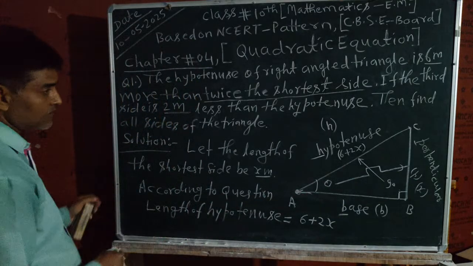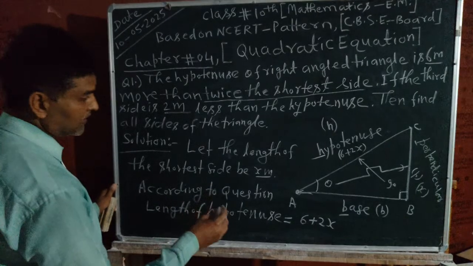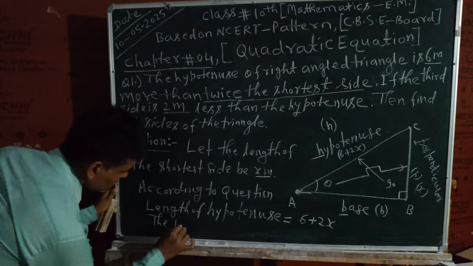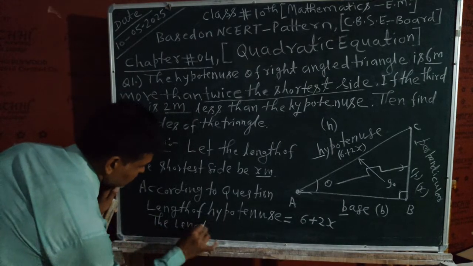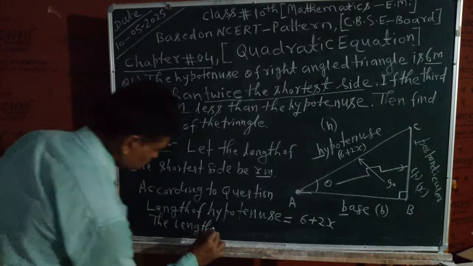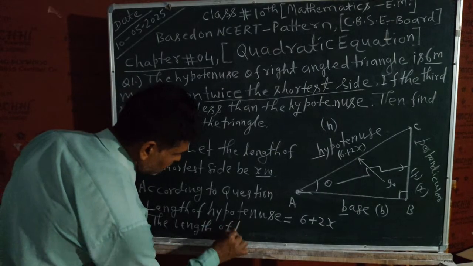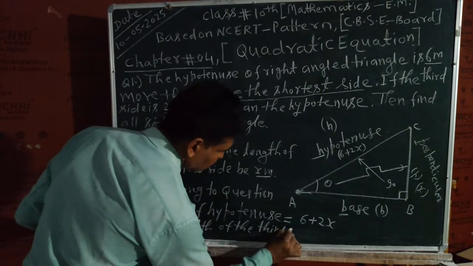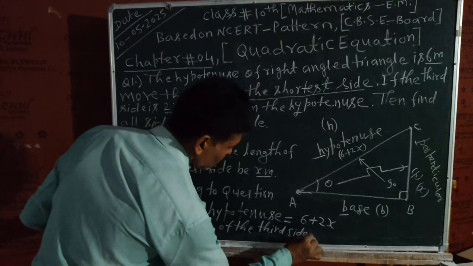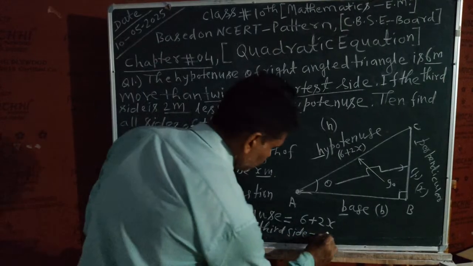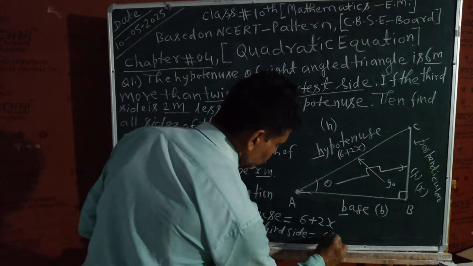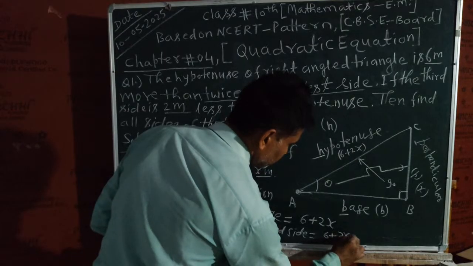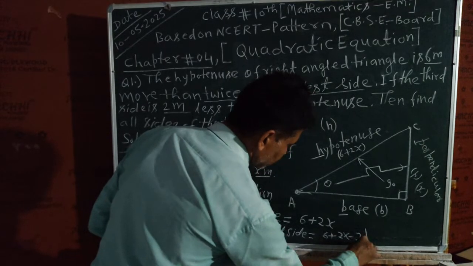According to the question, the length of the third side will be the length of the hypotenuse, 6 plus 2x minus 2, as per the information I have written.